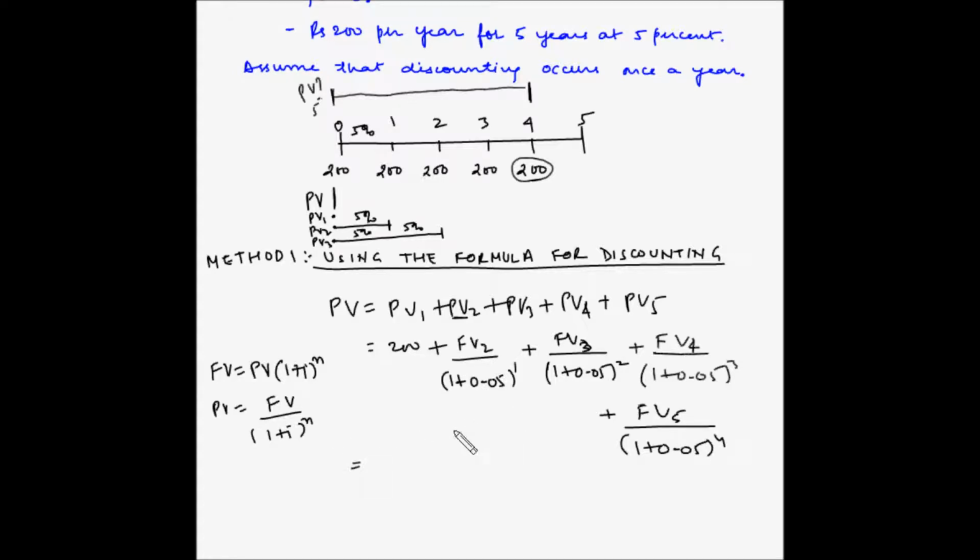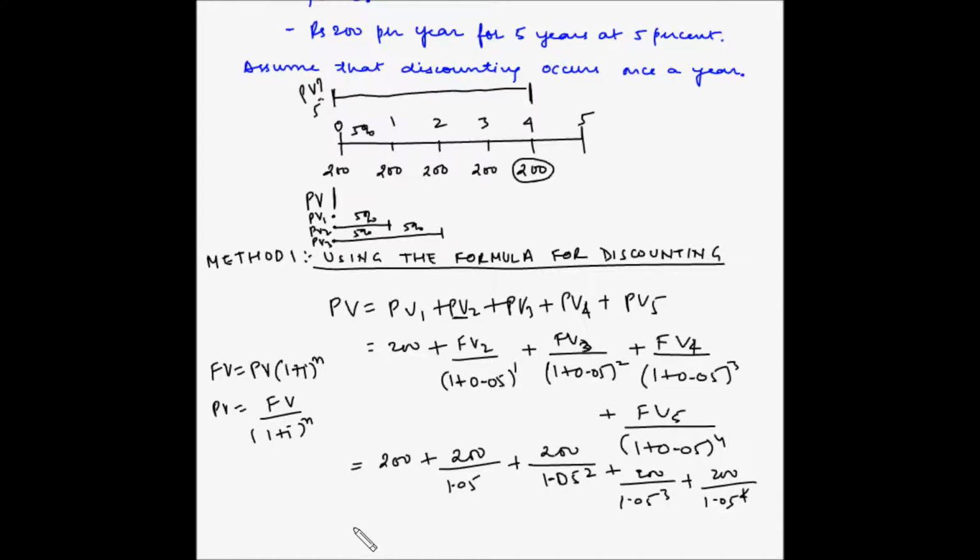So now let's solve this. So 200 plus FV2 again is 200 divided by 1.05, plus 200 divided by 1.05 square, plus 200 divided by 1.05 cube, plus 200 divided by 1.05 to the power 4.